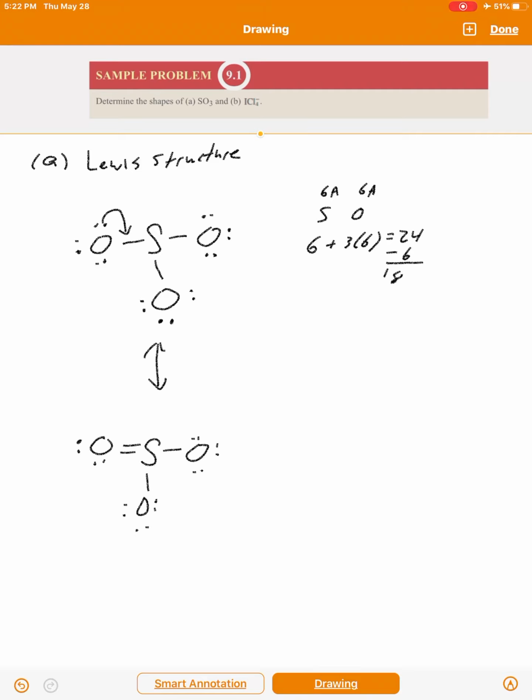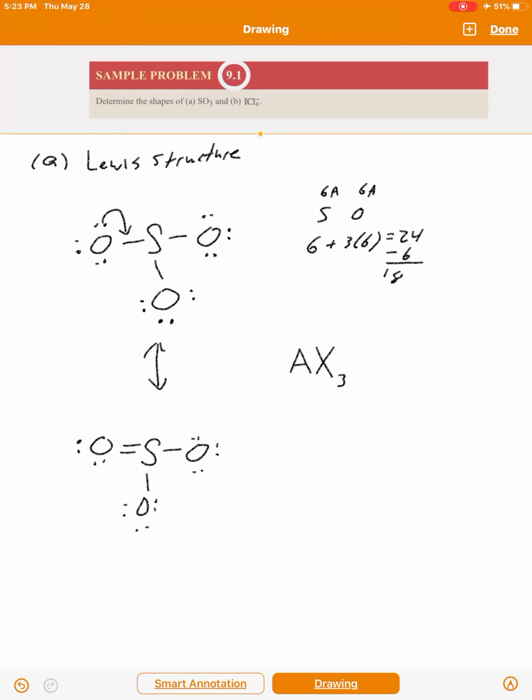So now what we do is we identify what I would call the formula of this compound. So sometimes we can do it this way. We'll do AX, and the A represents the central atom, so sulfur would be the A. The X represents the surrounding atom. How many are there? How many surrounding oxygens? There's 3.